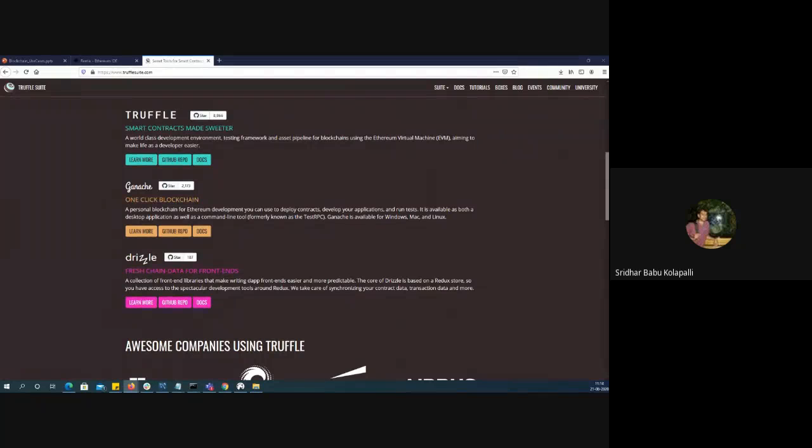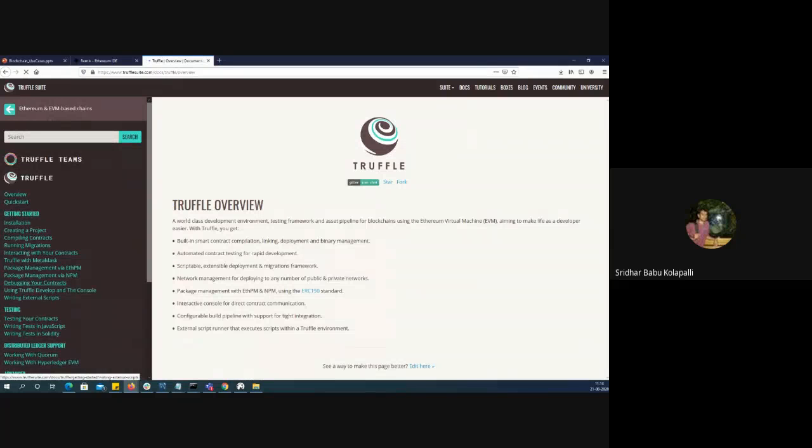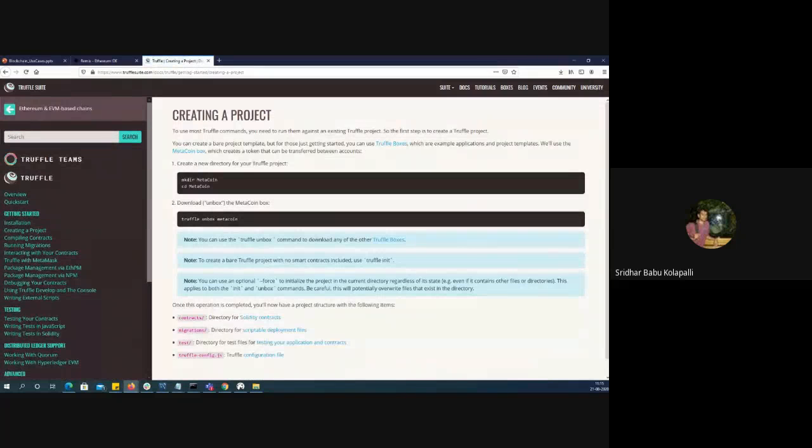You can look at any of these and then go through the docs. The docs give you a good list of documentation, for example, how do I create a project, and how do we deploy the contracts. This is for Ethereum. The same thing is available from the Linux Foundation for Hyperledger Fabric. You can look at that, or at IBM, which also has various Hyperledger documentation that you can use.